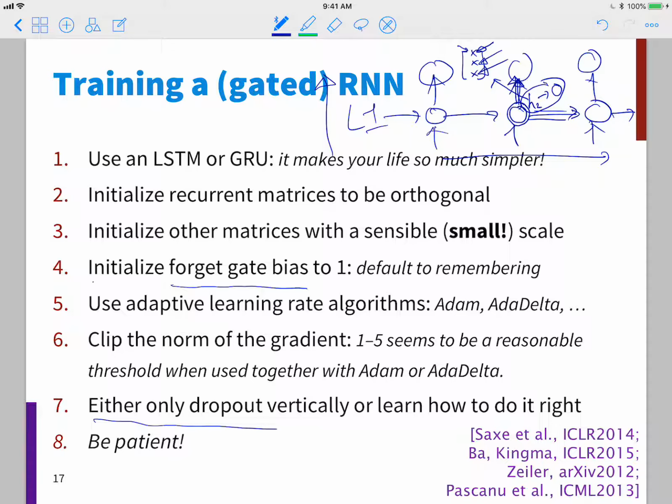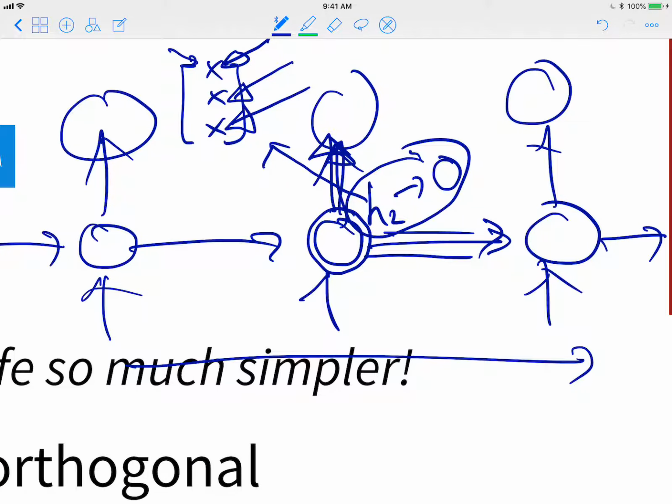And the reason why we don't do the dropout horizontally is because, suppose we stored some important information generated in this time step. Suppose it was H1, and that value was 5 when considering the cell state value.